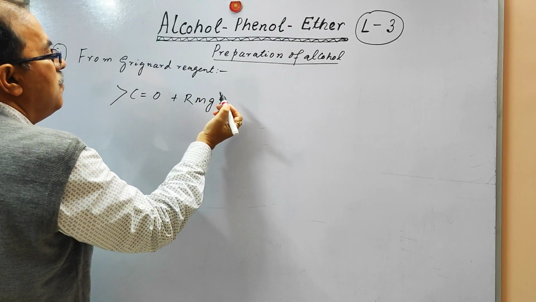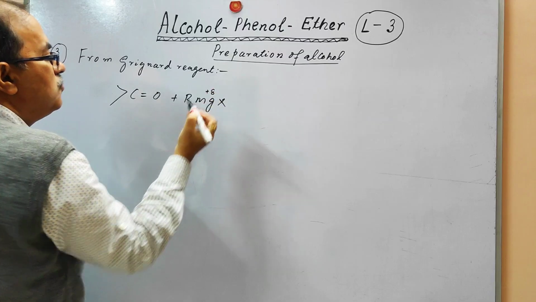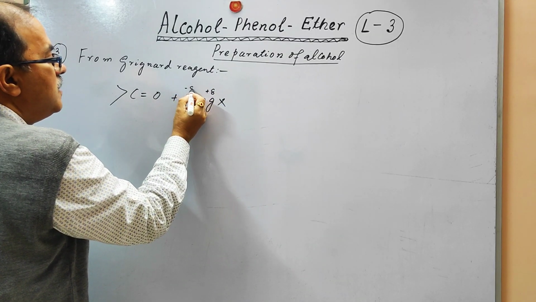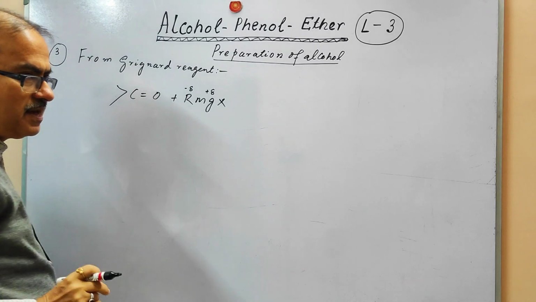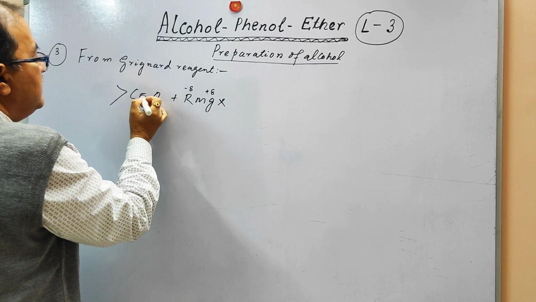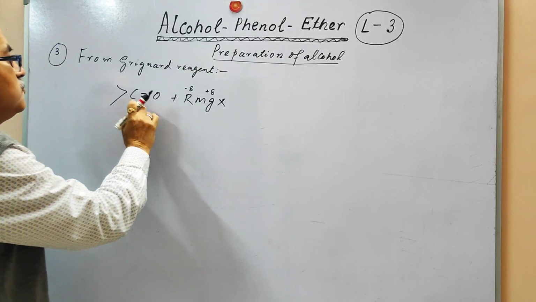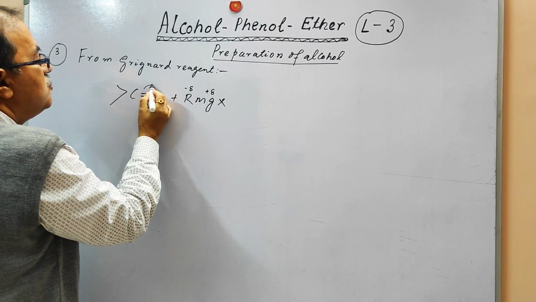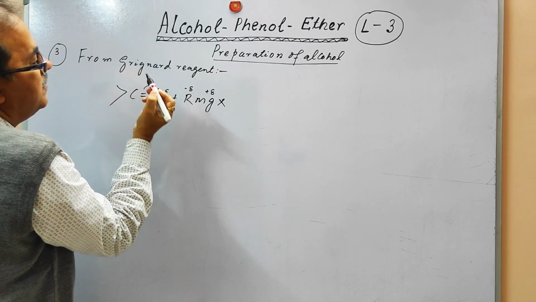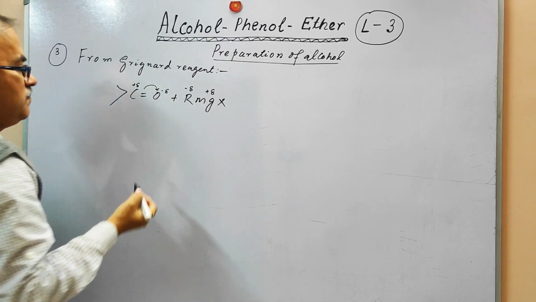So what will happen? Slight positive charge will be created on the magnesium atom, and slight negative charge will be created at this alkyl group. And here, due to the higher electronegativity of this oxygen atom, this electron will be shifted here, and it will have the negative charge, and this central carbon atom will have positive charge.